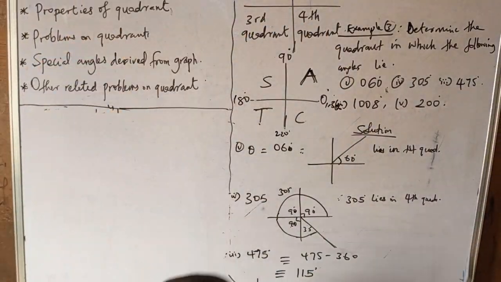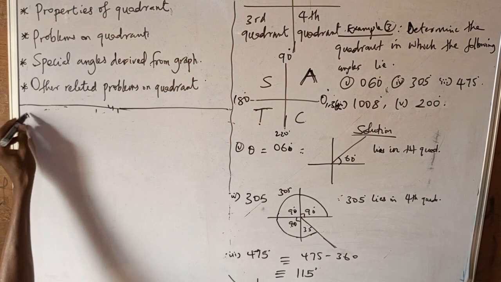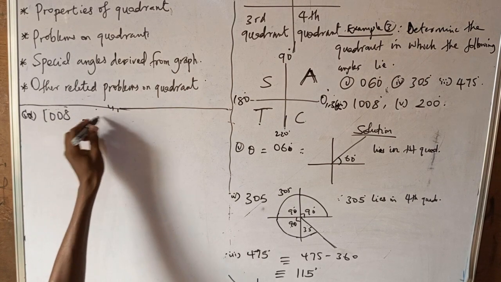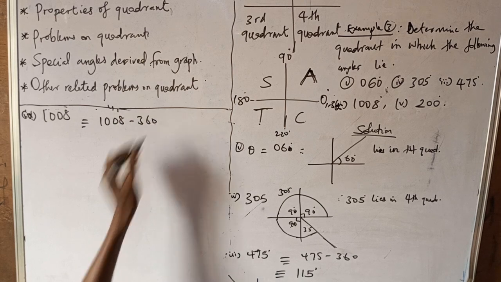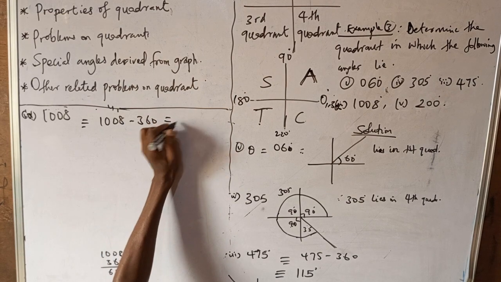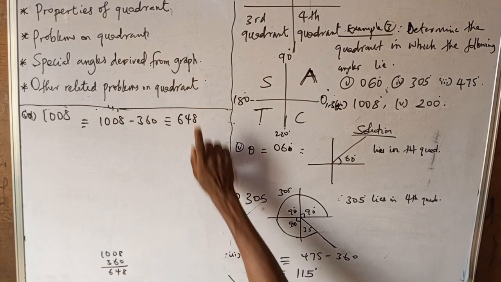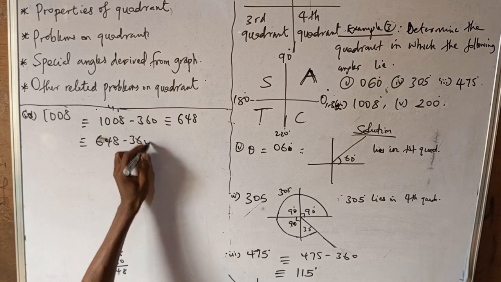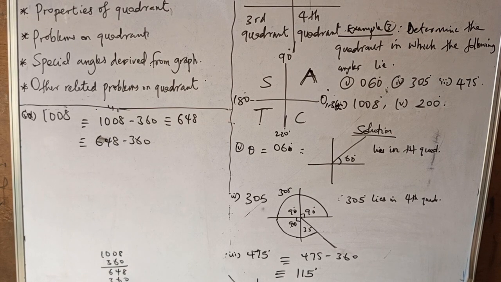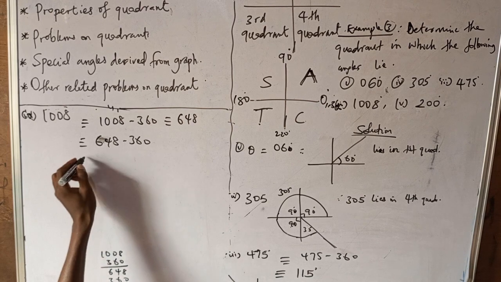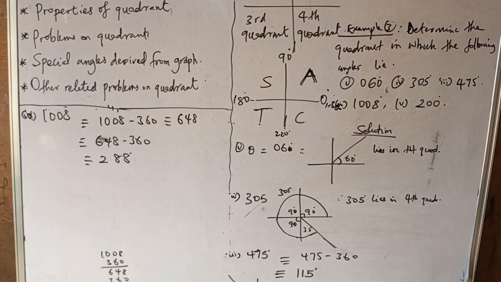So 1008 is equivalent to 1008 minus 360, which gives 648. 648 is still greater than 360, so subtract 360 again. 648 minus 360 gives 288, which is less than 360.